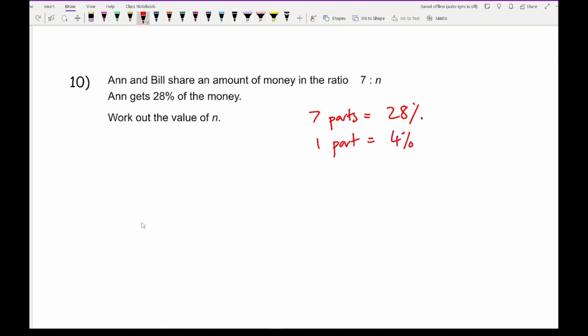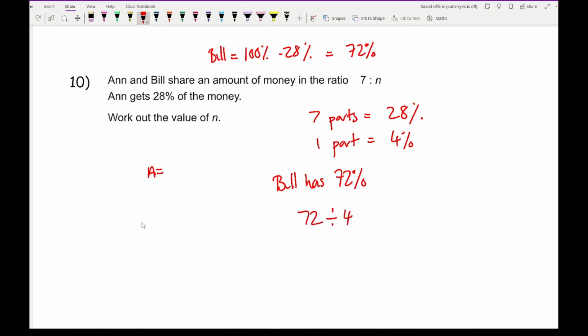Now if Anne gets 28%, then Bill gets 100% minus 28%, which is 72%. I want to work out how many parts he's got. So 72 divided by 4 gives me an answer of 18.